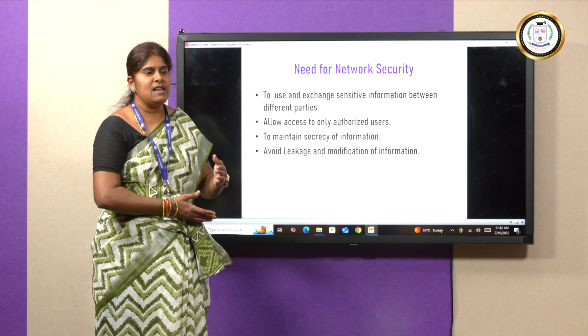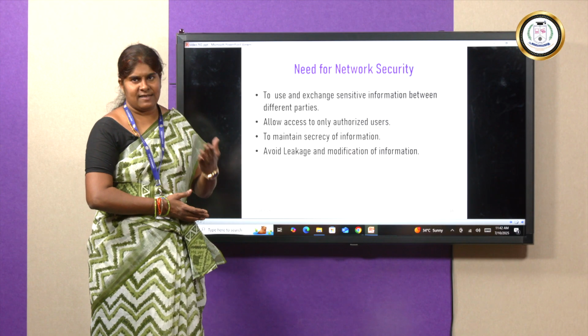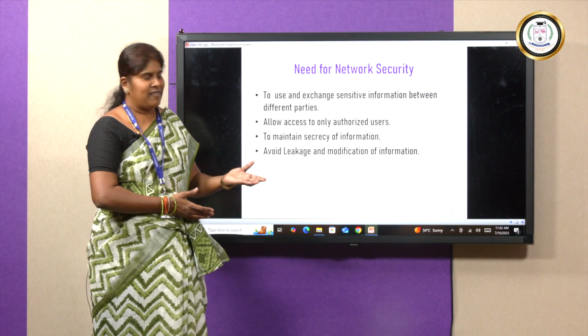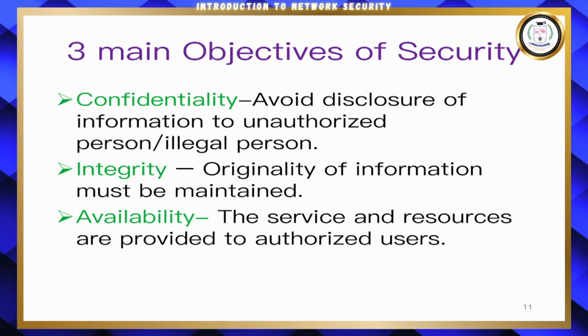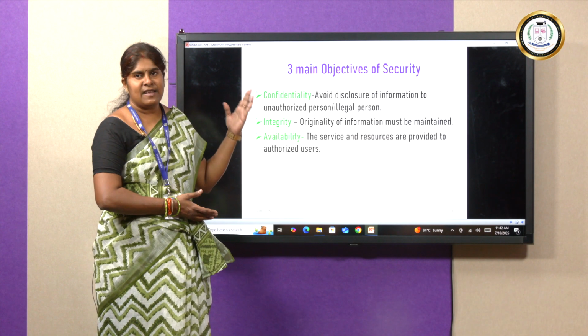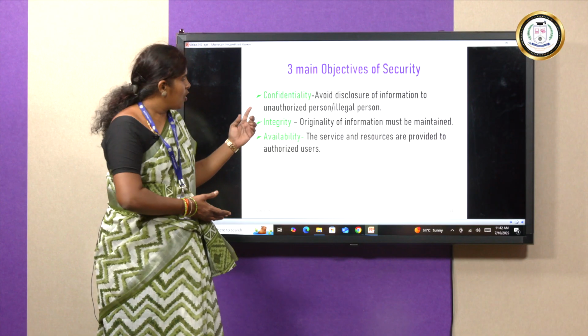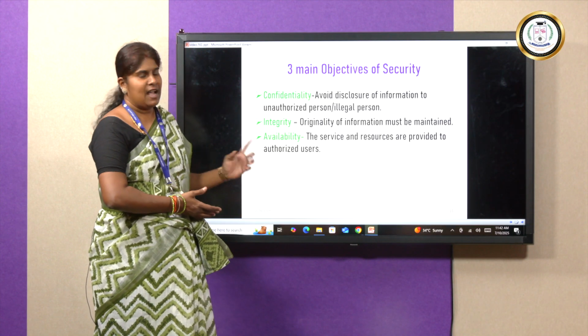Only legal or legitimate users will be able to access and modify the content. To implement network security in your communication model, we have to make sure that we maintain these 3 security principles: confidentiality, integrity, and availability.